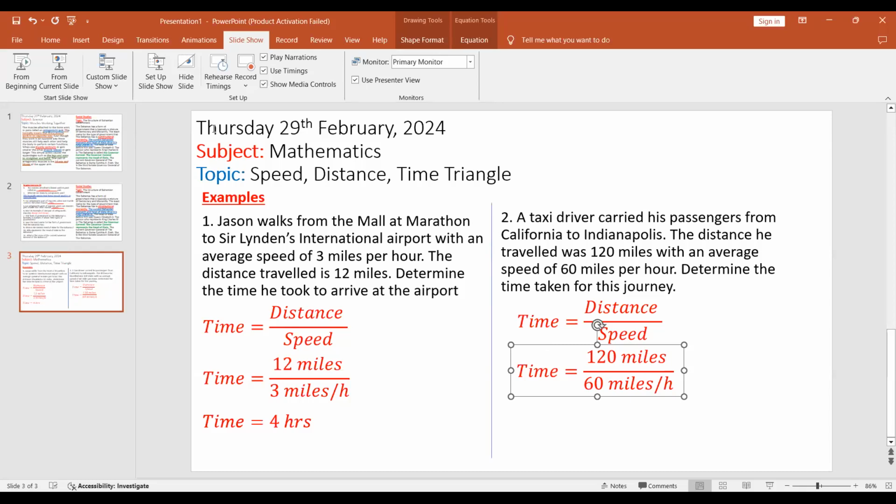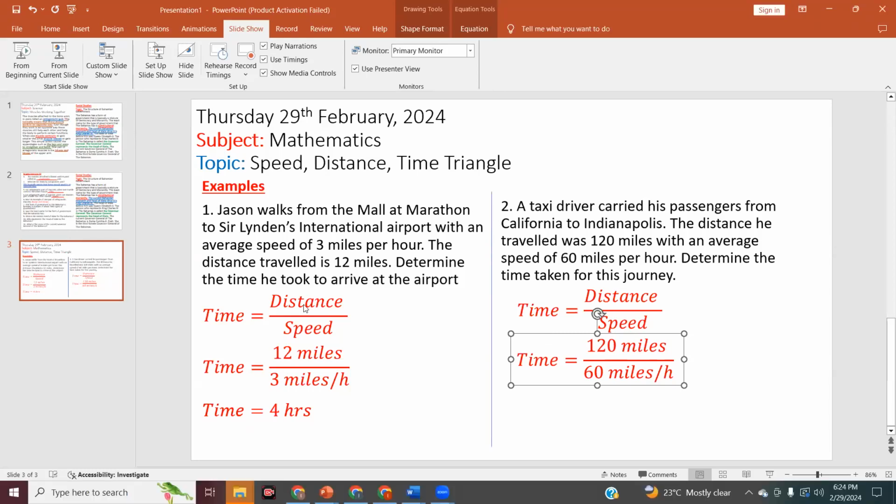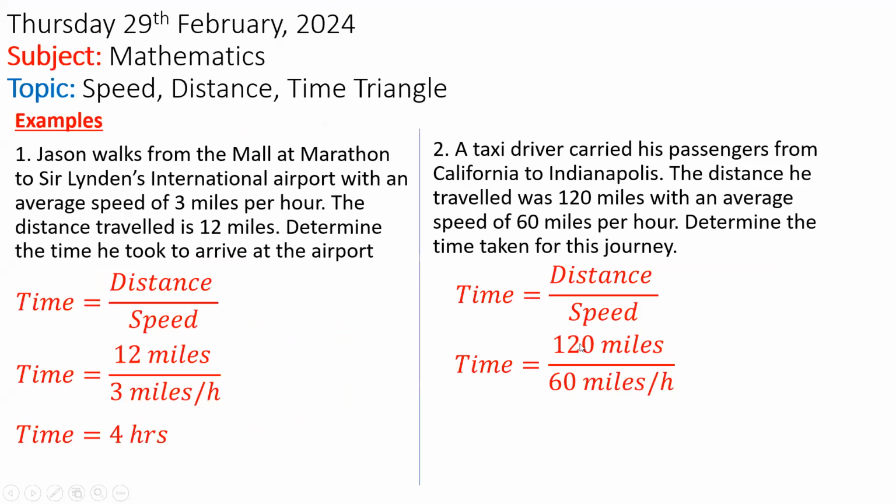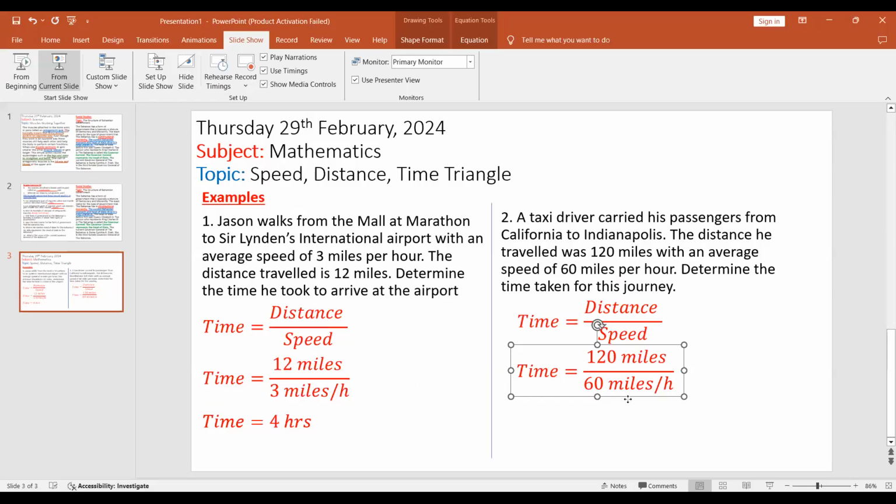There are different ways to do this. We could simplify and cancel the zeros, which is probably the best way. We cancel out the zeros and we're left with 12 over 6.